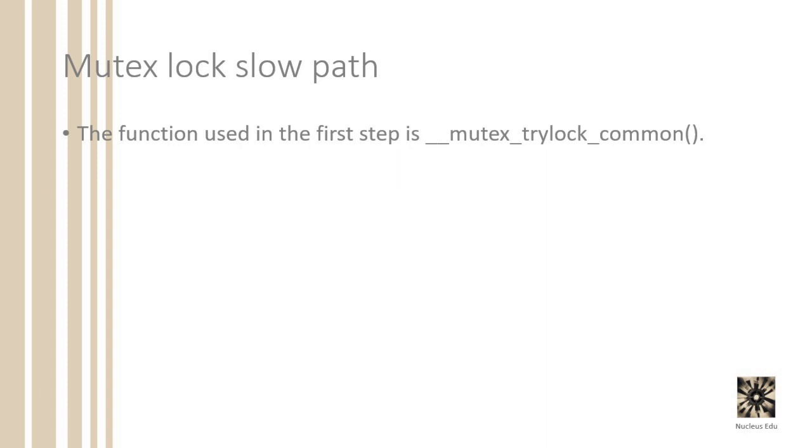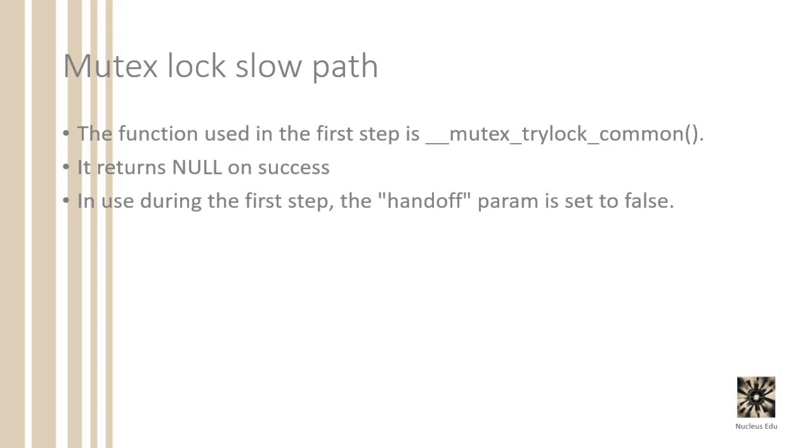We're going to do this one by one. We're going to look into the functions and try to make sense as best as we can. Right, so the first step, the function used in that step is __mutex_trylock_common. One thing special to keep in mind about this function is that it returns NULL on success, which is uncommon in the way function return values are standardized.